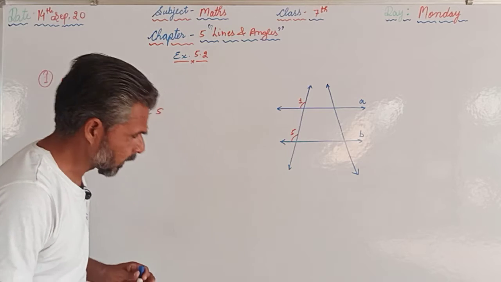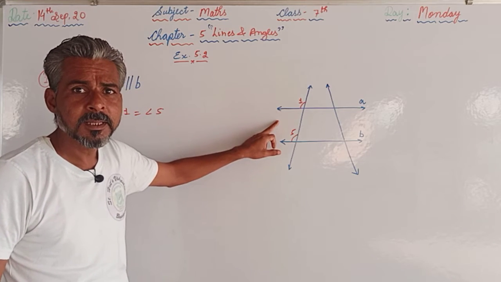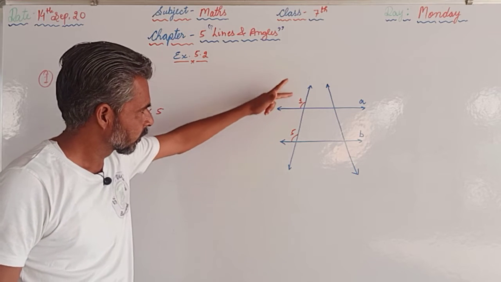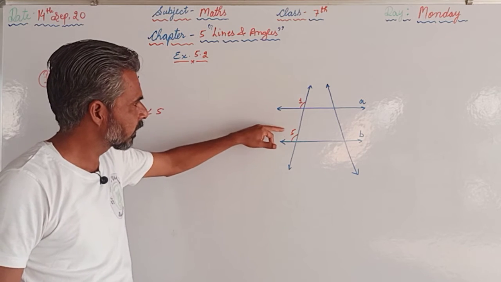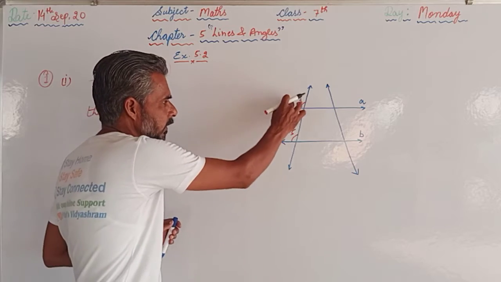Which property is there? So these are the corresponding angles. Angles on the same side of the transversal, one the interior angle, one the exterior angle on the opposite side, means 1 and 5.